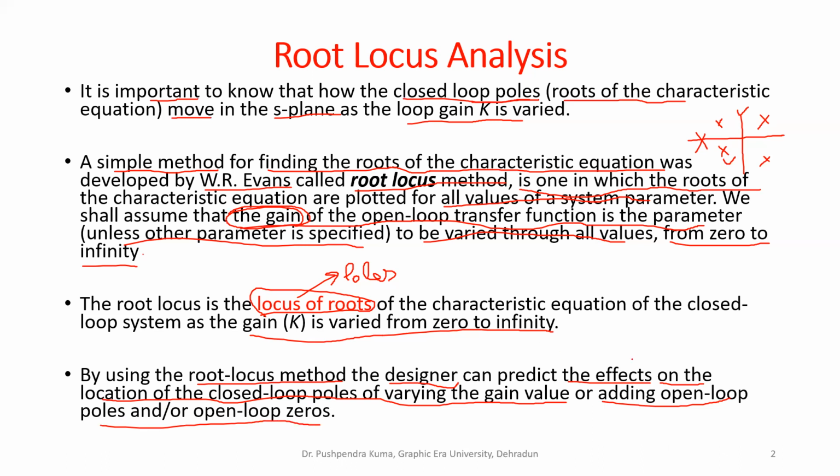We can predict how the closed loop poles will be affected. For example, these are my closed loop poles. How will these closed loop poles be affected if k is varied from 0 to infinity? And also, how will these poles be affected if I add some open loop poles or zeros in the system? You can analyze that.